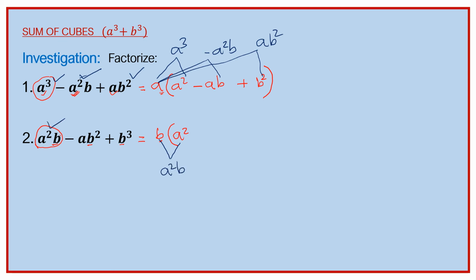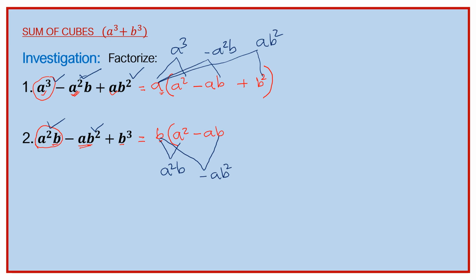You see? Then minus ab squared. Ab squared, I already have 1b. So I will have ab, such that b and ab, I'll get minus ab squared, which is this one. You see?